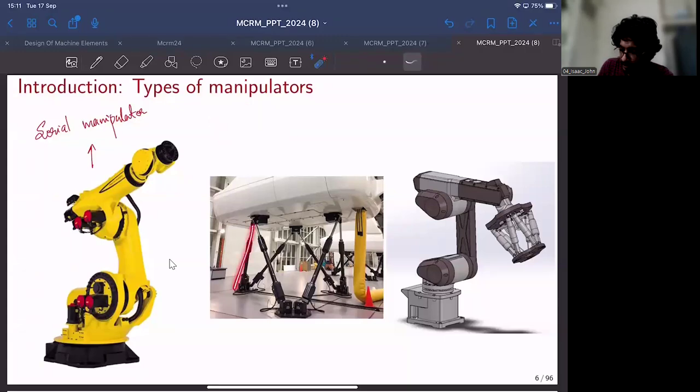And in the middle of this slide, what you see is actually a parallel robotic manipulator. I've got a question. Do you have a course on parallel robots offered by NPTEL? No, I don't know if there is a course specific to parallel robots, but there is a more comprehensive course on robotics, which covers the mechanics of serial as well as parallel robots.